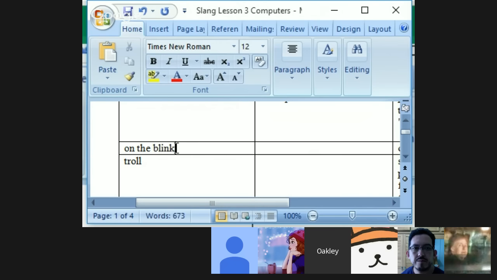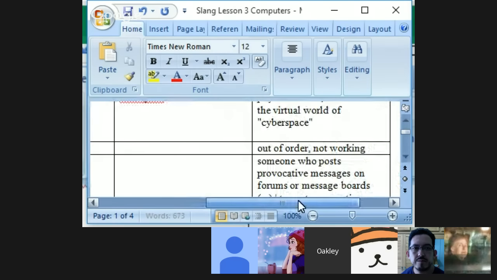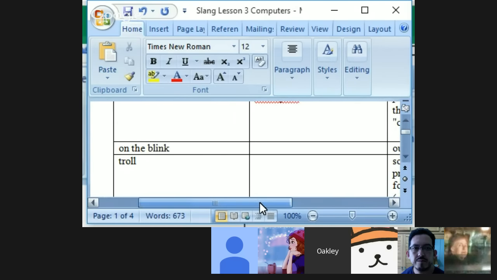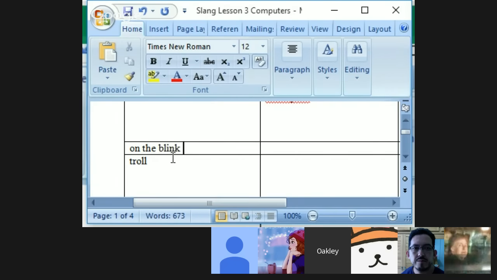Dima, on the blink. All right, prepositional phrase. What does on the blink mean, do you think? I think it's when a computer doesn't work. Yeah. Okay. Out of order, not working. Usually temporarily. When we use the phrase on the blink, and by the way, this is another one that can be used for other things besides just computers.